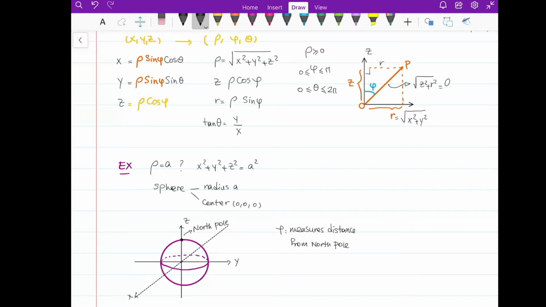Okay, so looking at these concentric circles, these are called latitude in geography, right? So I can say that phi corresponds to latitude, starting at 0 and increasing to South Pole.